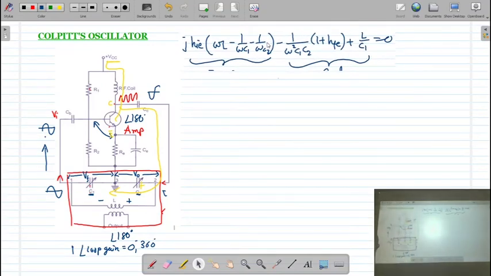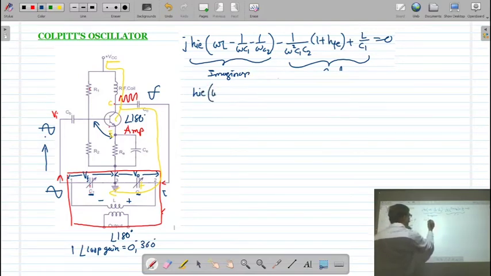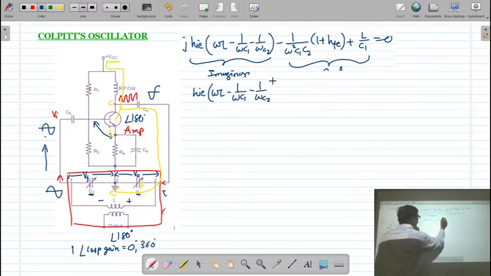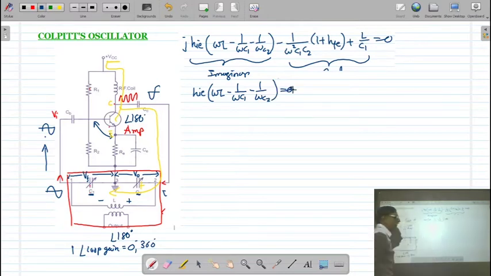So the same expression is there. Now this is imaginary, and the imaginary part is what? It is HFE into omega L minus 1 upon omega C1 omega C2, and this is going to be 0.